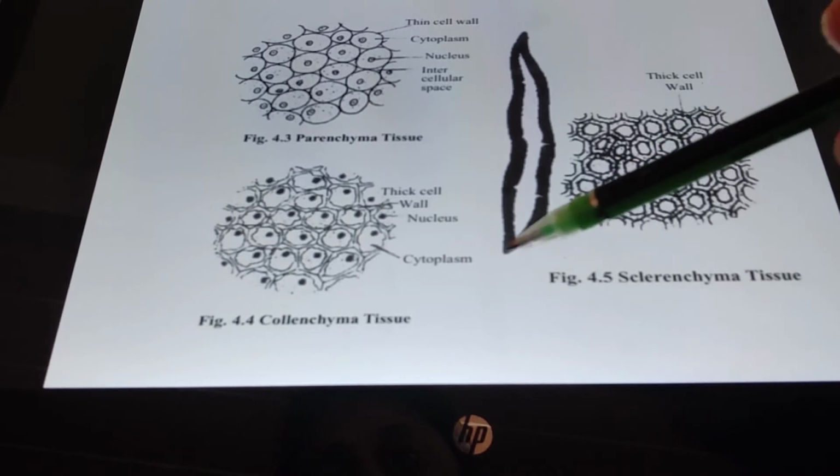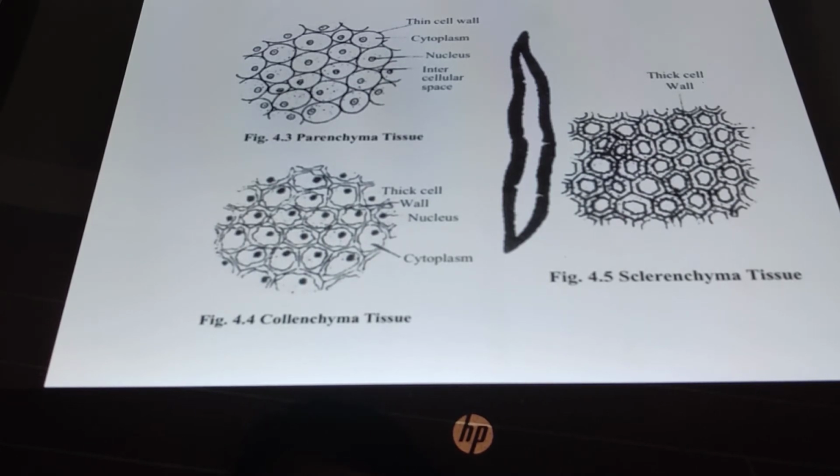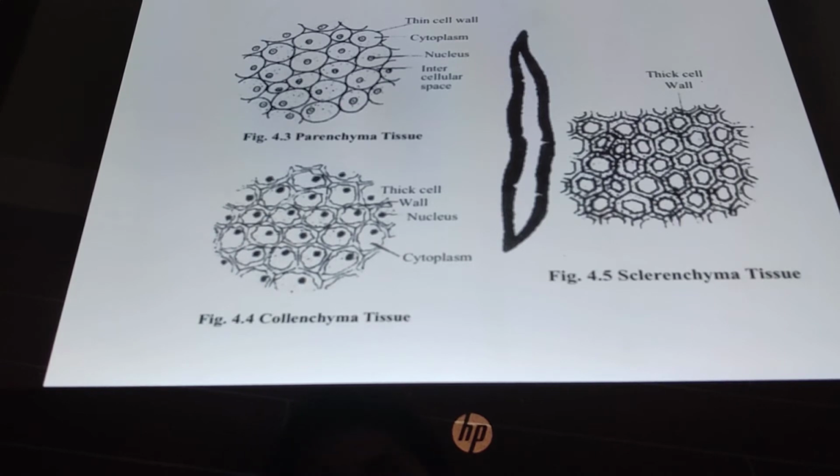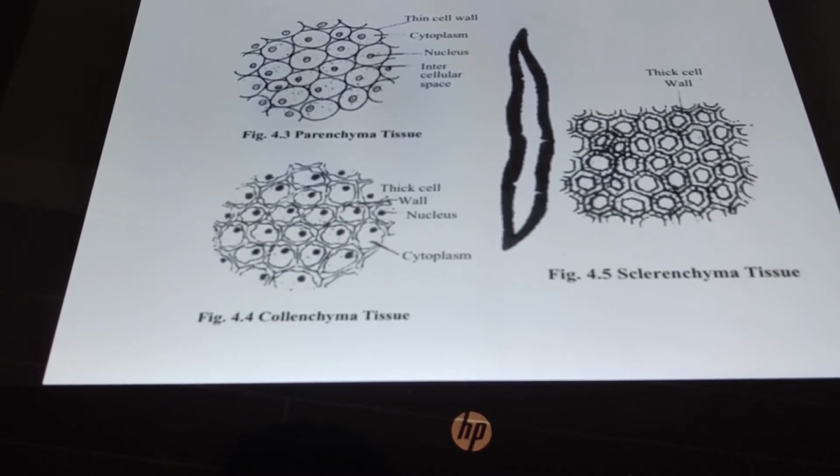The second is collenchyma tissue. Here you can see collenchyma tissue. It gives flexibility to the plant and is another type of simple permanent tissue. It allows easy bending, for example, stem and leaf can easily bend without breaking. This is all due to collenchyma tissues.